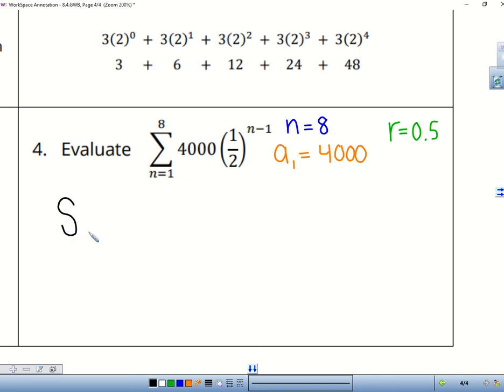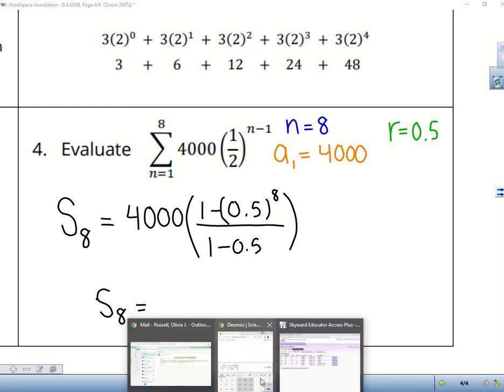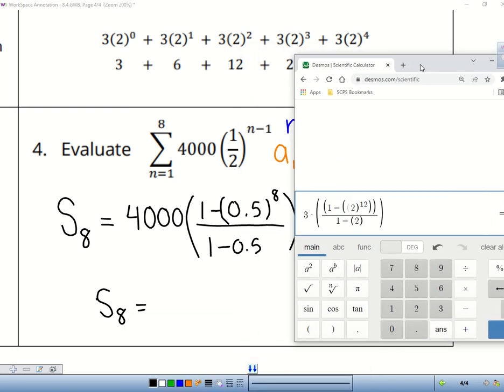I want to find the sum of all 8 terms, and that's equal to my first term times 1 minus r to the power of n over 1 minus r. So once again, calculator, pull it up.